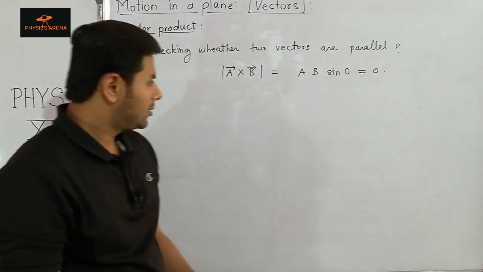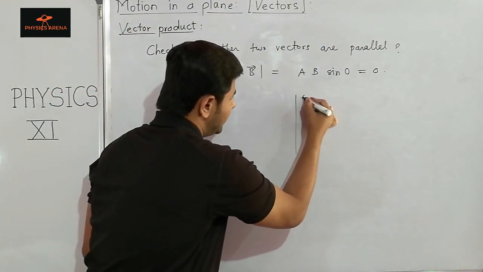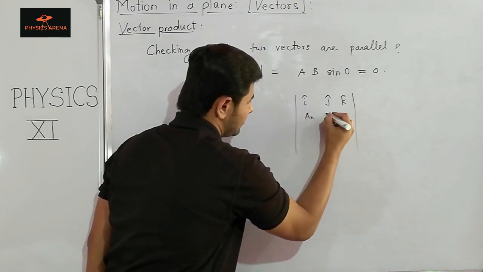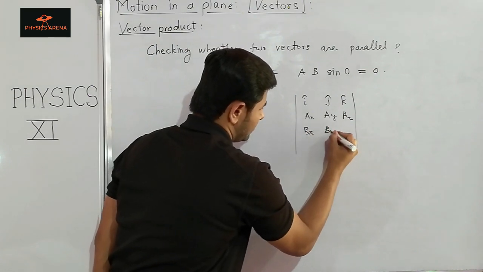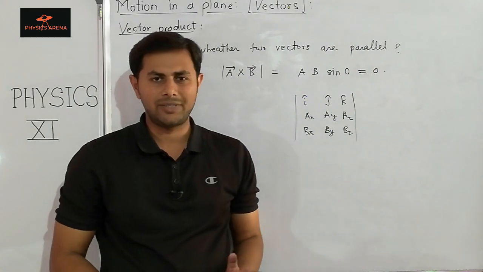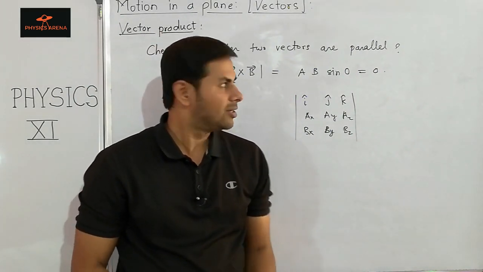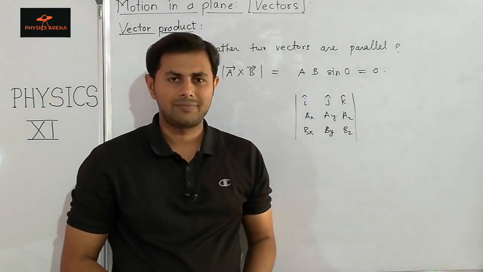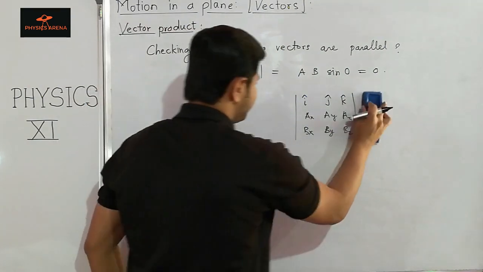Okay, but wait, in order to check this, it is quite a tedious task. So we will not use this vector product to check whether two vectors are parallel or not. Okay, there is a simpler method. Let me tell you that.